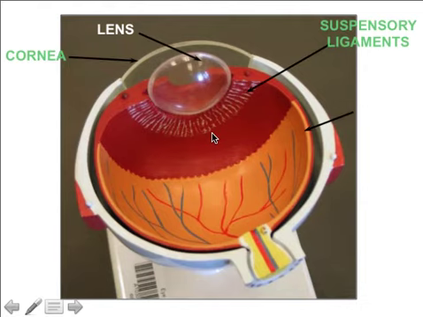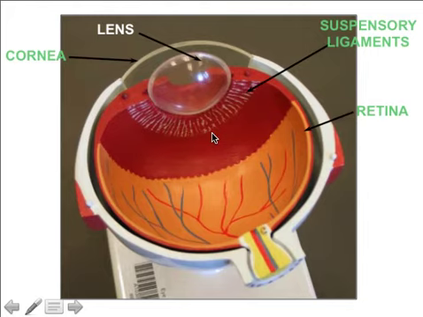And then, of course, the innermost tunic of the eye is the retina. That's where the photoreceptors are located. What they do is they transform stimulus in the form of light into electrical information that's relayed from the photoreceptors to the bipolar and ganglion cells, and ultimately from there to the optic nerve and to the occipital lobe of the brain, which is where we process a lot of our primary visual information.